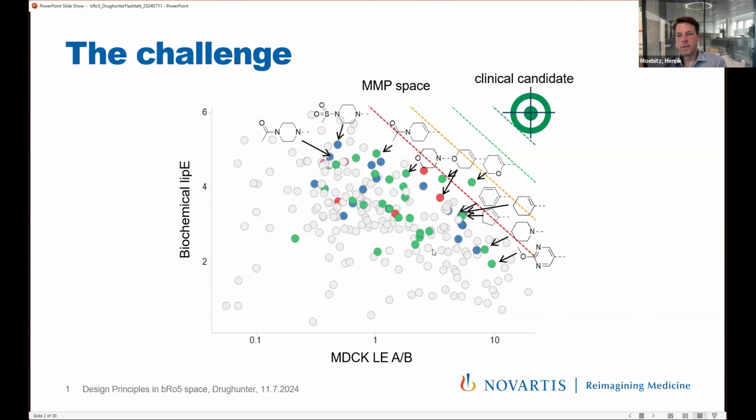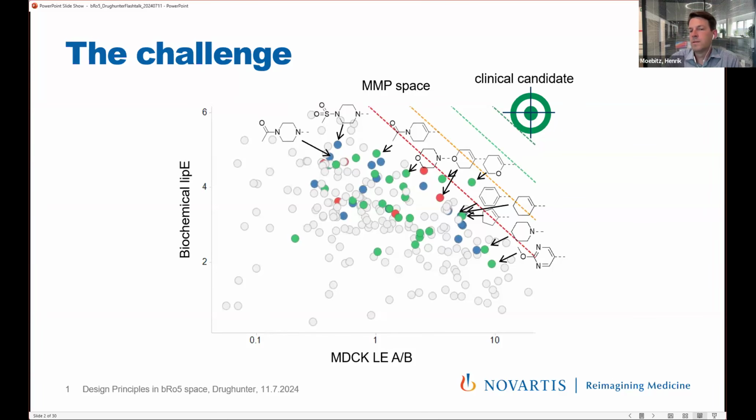But this comes at the cost of permeability, and 1 log of permeability corresponds roughly to 3 logs of biochemical LipE. And as you can see illustrated by the cross-diagonal lines, you can also clearly map where the clinical candidate needs to be, because you have your TPP from the start. That's going to have to be highly permeable and highly potent with a reasonable LipE.